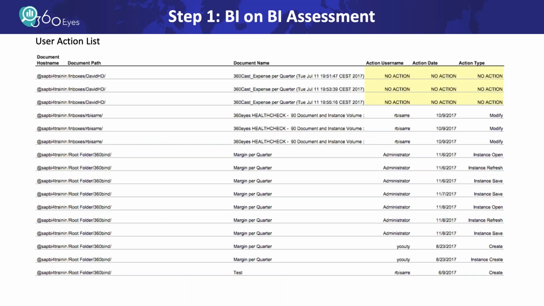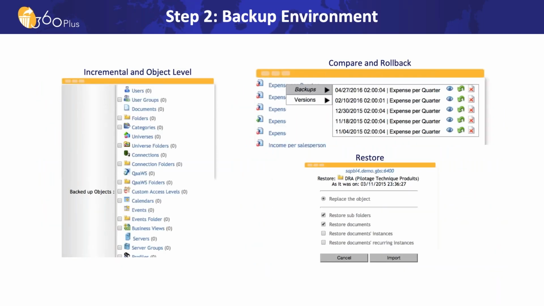So this is another type of report that we can also pull using 360Eyes, where you can see the list of actions from your users, so you know exactly how the platform is utilized.